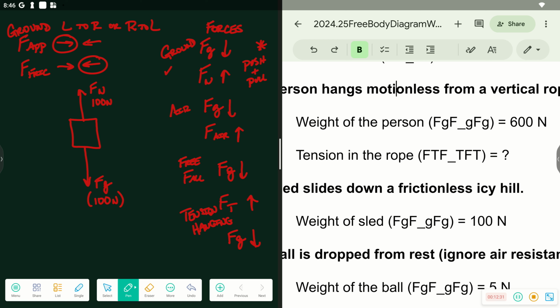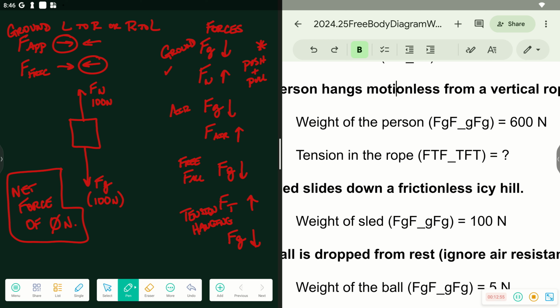Well, again, it's going to be a net force of 0 newtons because it's just going to continue to move the way that it's moving because there's no force being applied to it and there's no friction that is slowing the object down.